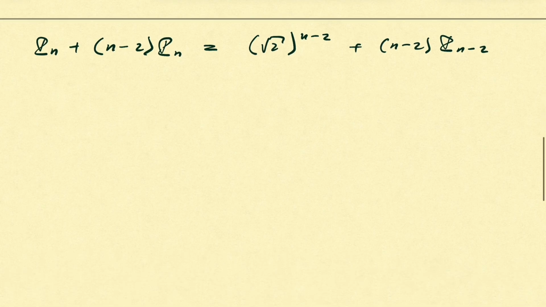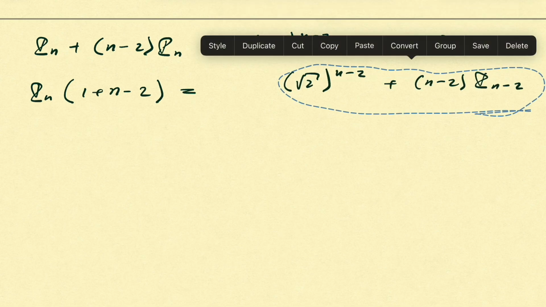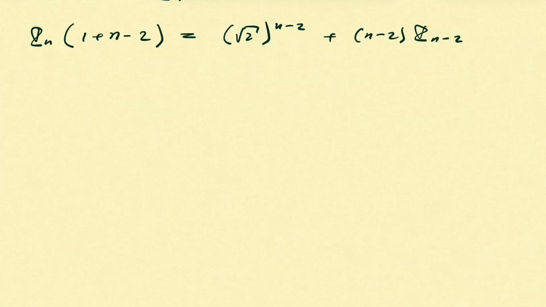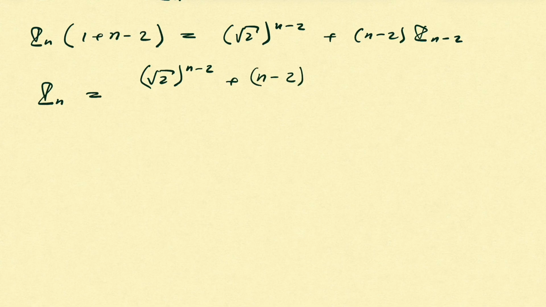From this we can just write 1 plus n minus 2 is equal to this, which implies that I sub n is equal to 2 to the power of n minus 2 plus n minus 2 times I sub n minus 2, over n minus 1, right? And yes, this is it.